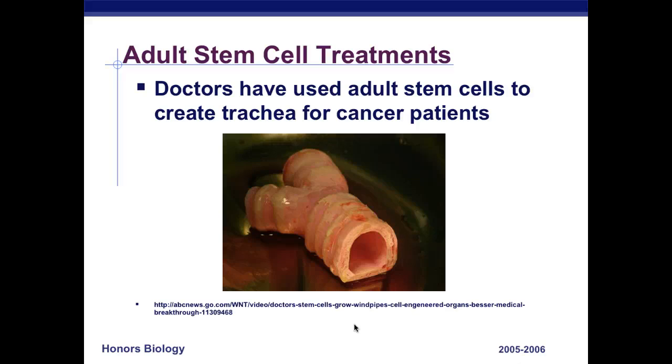What they will then do is inject the stem cells from the individual who's going to receive the trachea. By doing this, they are making the cells in the trachea those of the body that it's going to be inserted in, so preventing the body from rejecting it and allowing the body to potentially recognize the tissue that is being inserted into the body.